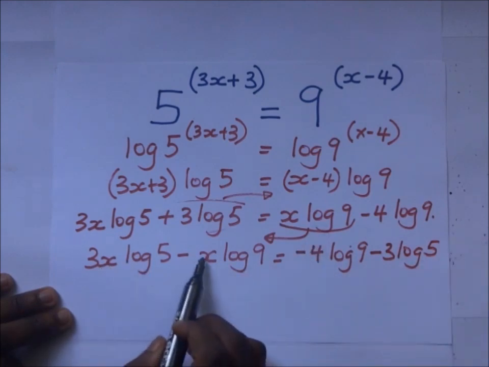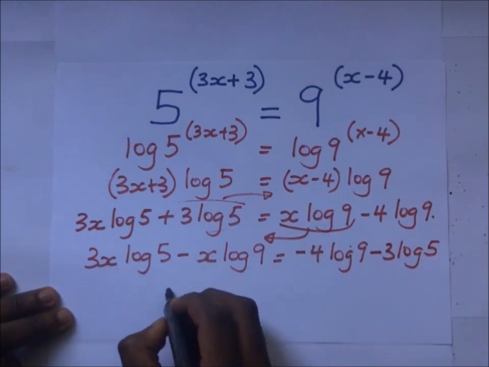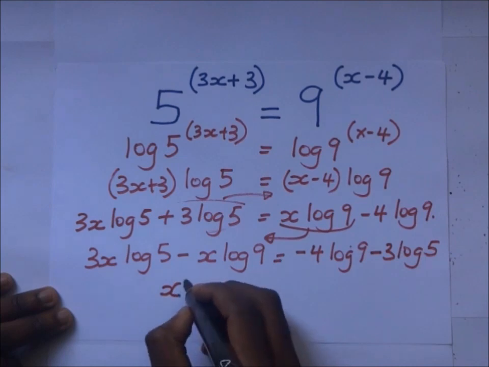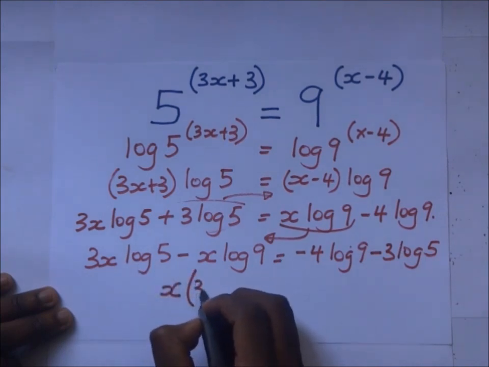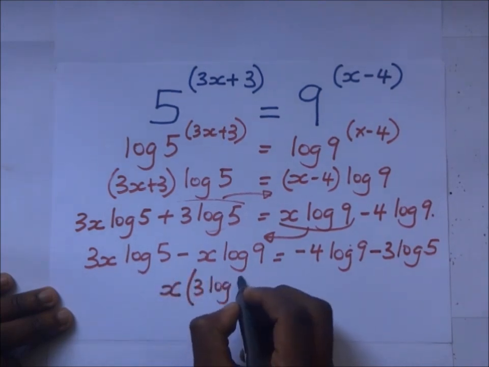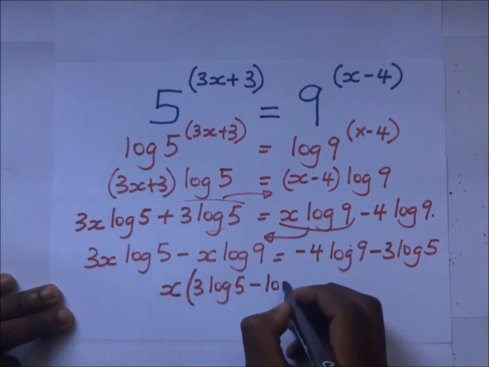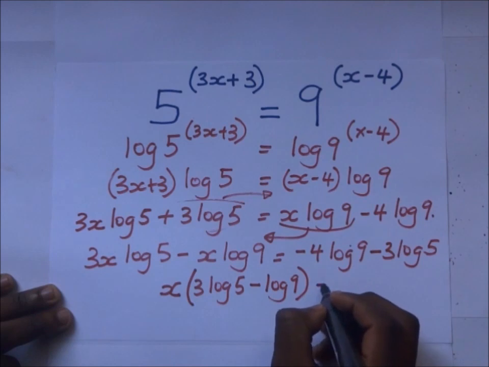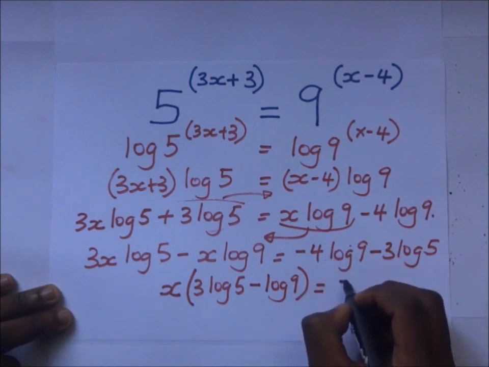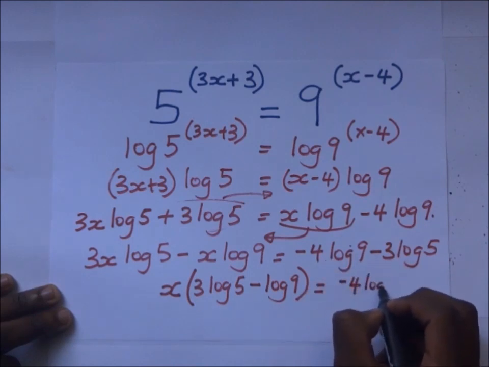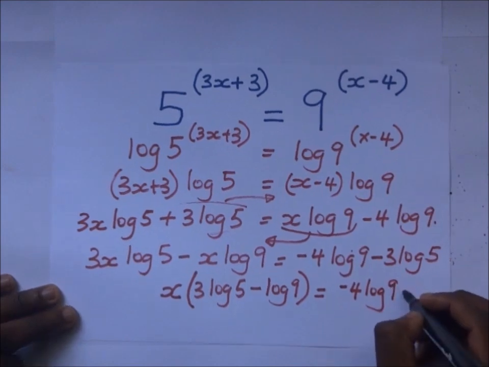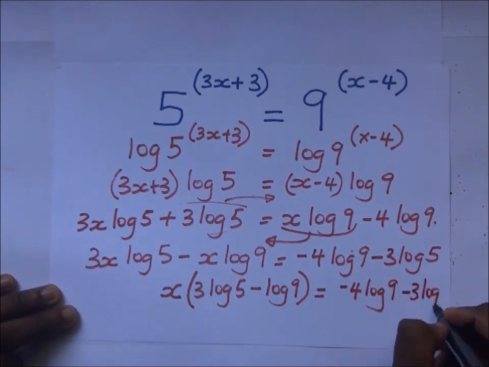So here we factorize out x. So x is outside the brackets into 3 times the log of 5 minus log of 9 is going to give us negative 4 log of 9 minus 3 log of 5.